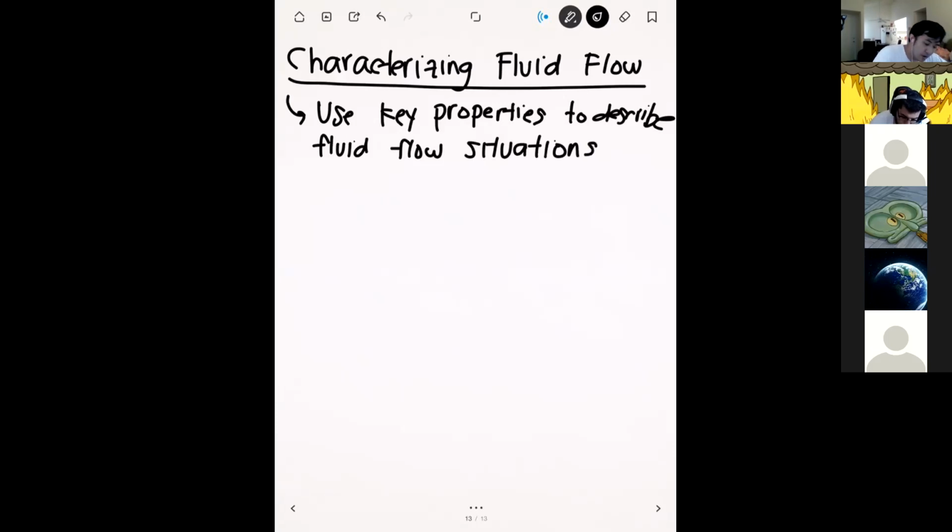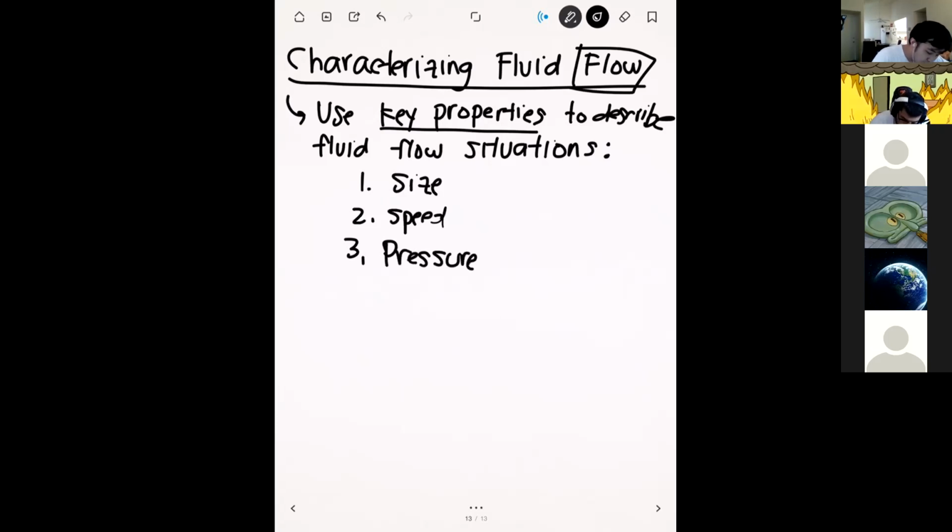The key word here is flow, so these are fluids that are moving. When you have moving flow, you have some kind of a measure of speed. So the key properties that are used to describe these fluid flow situations are: one is the size, two is the speed, and three is the pressure.